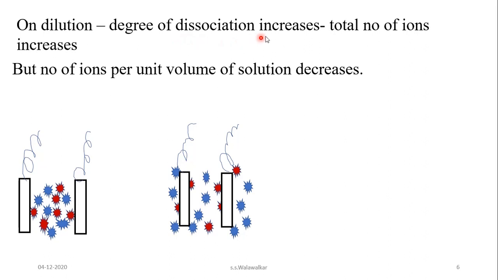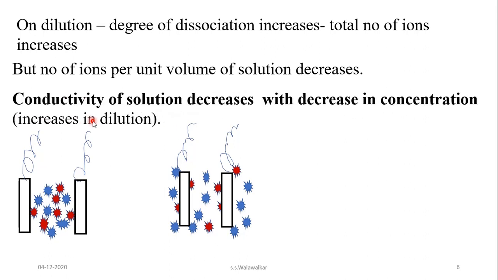On dilution, the degree of dissociation increases and the total number of ions increases, but the number of ions present in unit volume of the solution is less, and therefore the conductivity decreases with decrease in concentration or increase in dilution.